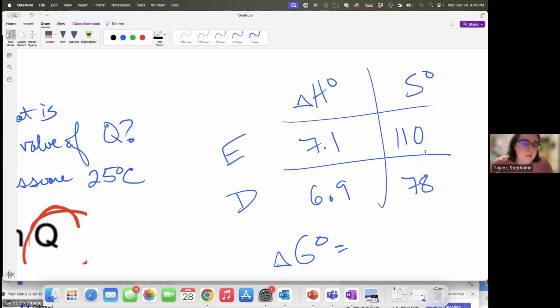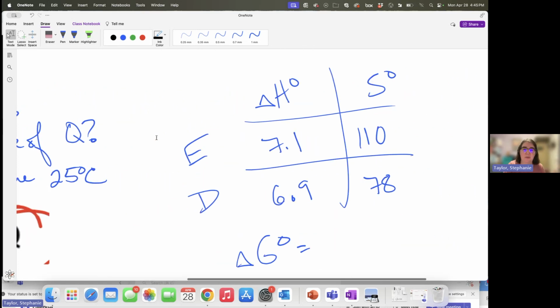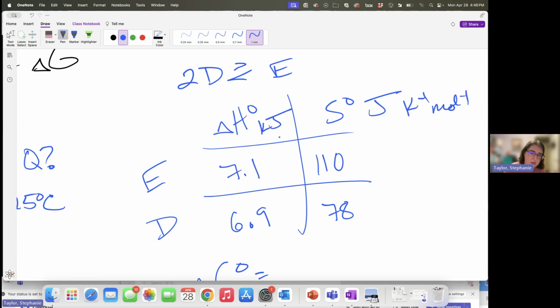And since I have a reaction that is 2 Ds in equilibrium with E, S is going to be in joules per Kelvin per mole. Enthalpy is going to be in kilojoules.